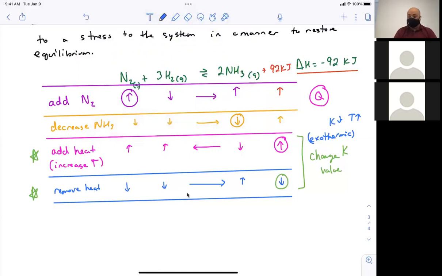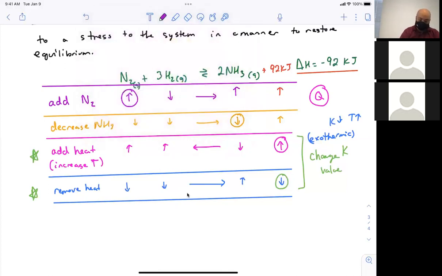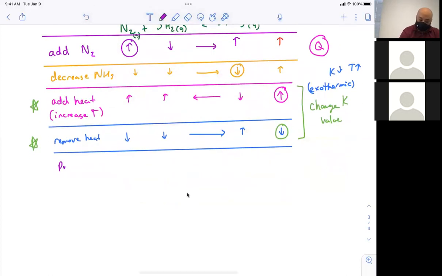Okay. Two more factors here. One, pressure. Pressure does not have a specific direction in which it goes, like for every reactant or product. What you're looking at here is moles of gas on each side.